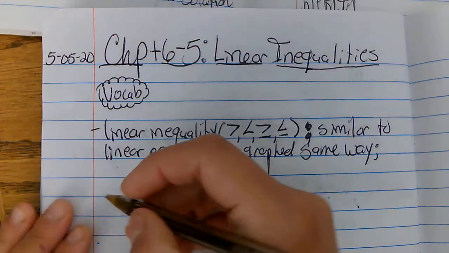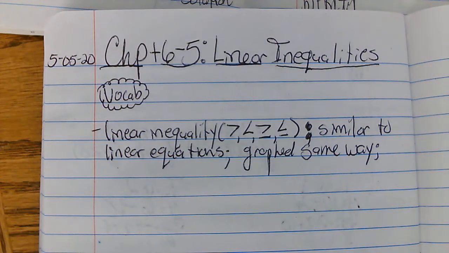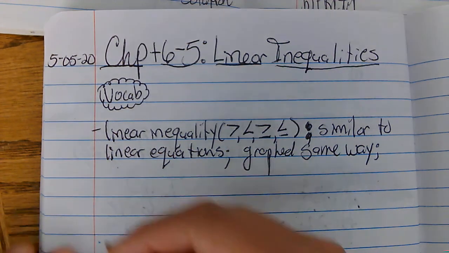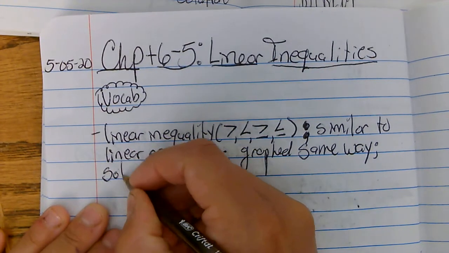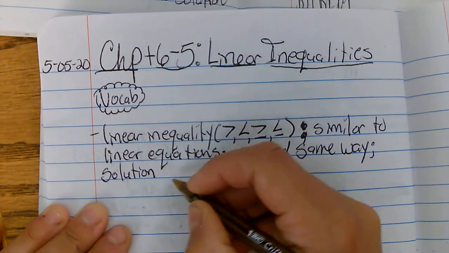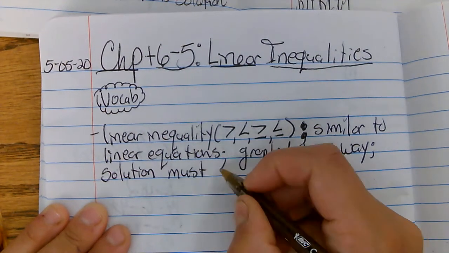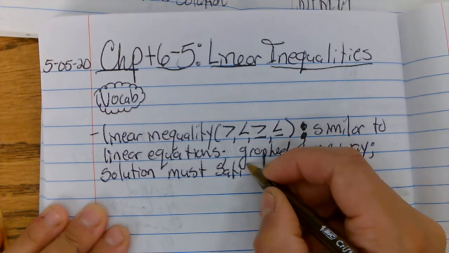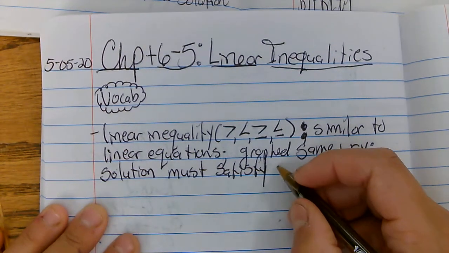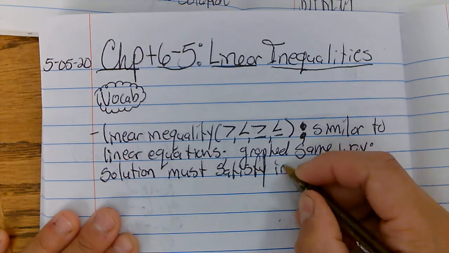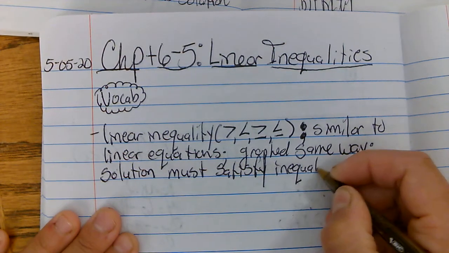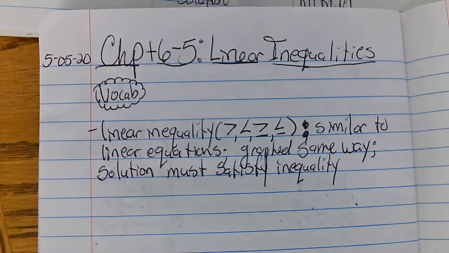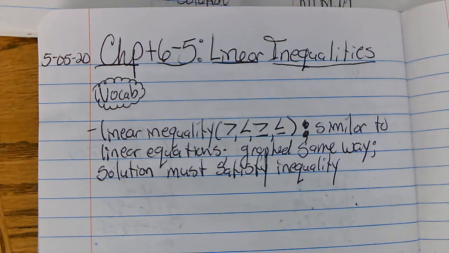The only difference is you're going to have a lot more solutions to linear inequalities than you would to a linear equation. The only constraint you have is that the solution must satisfy or make true the inequality. As long as it makes it true, then it's a solution.